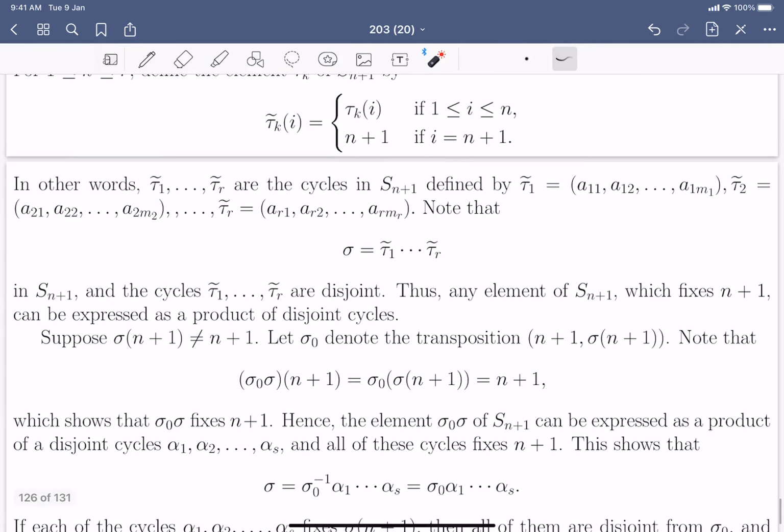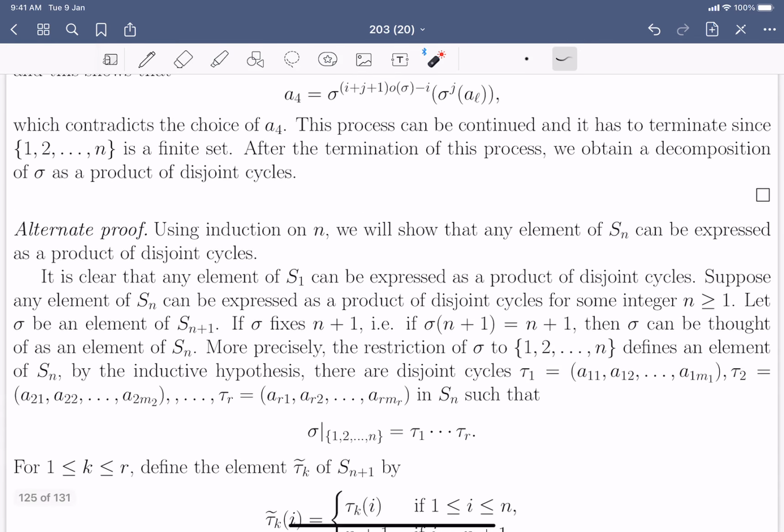Okay, great. So you have expressed sigma as a product of disjoint cycles. Then we are done under this condition when n plus 1 is fixed by sigma.